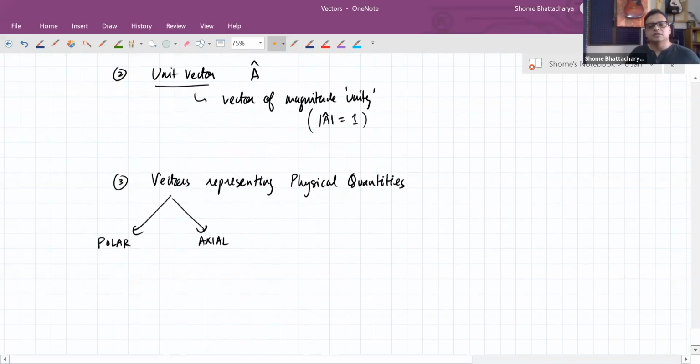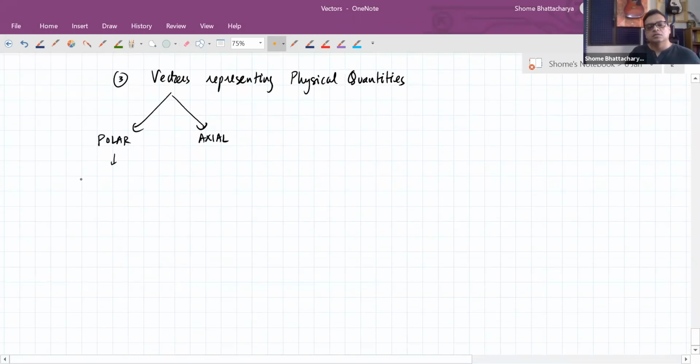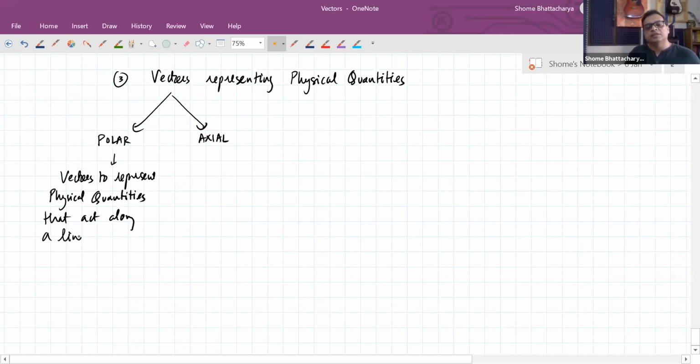Polar vectors represent physical quantities that act along a line of action.